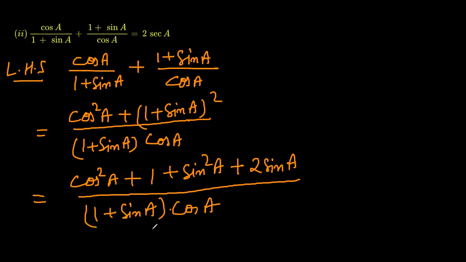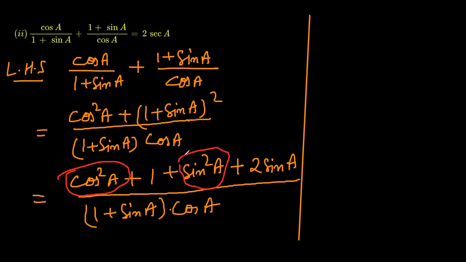Well, after this, we can see these two terms, sine square A plus cos square A together, and that will be 1.